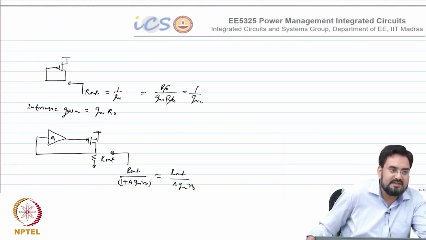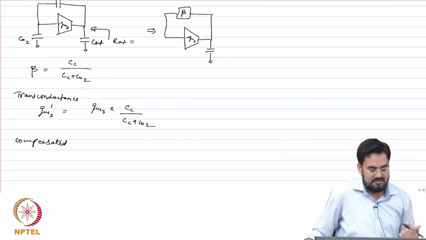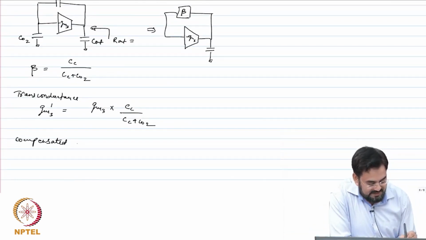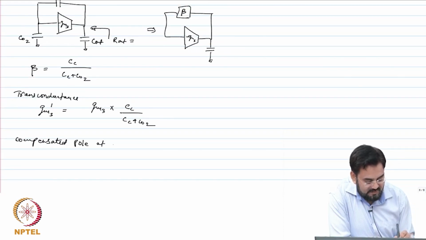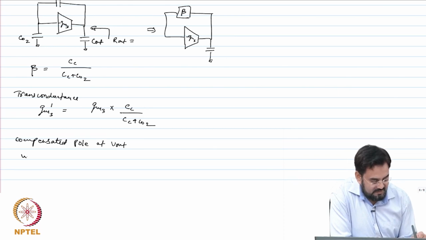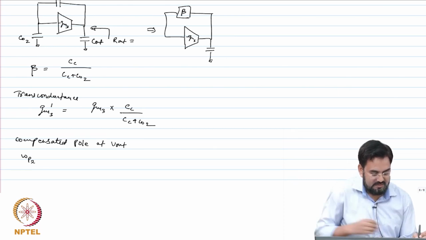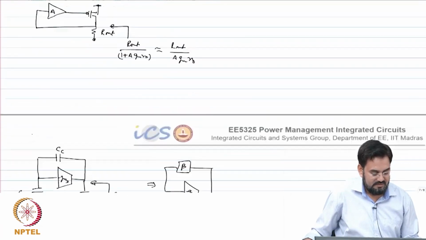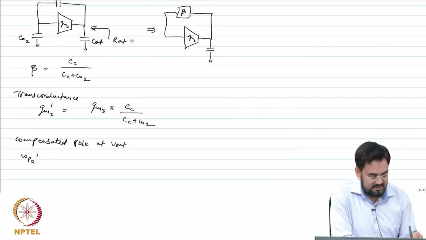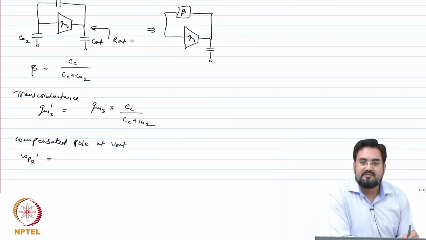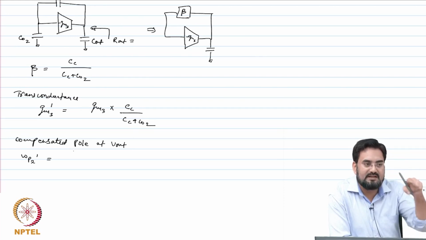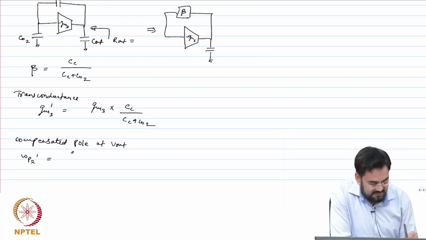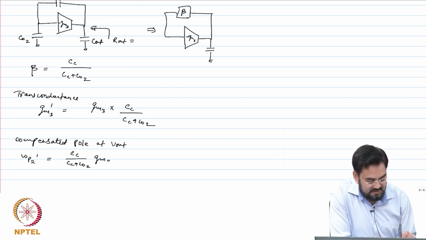GM by C. So, compensated pole at V out, if I call it omega P2 dash. So, GM by effective cap at that node. So, you have Cc over Cc plus CO2 GM3.